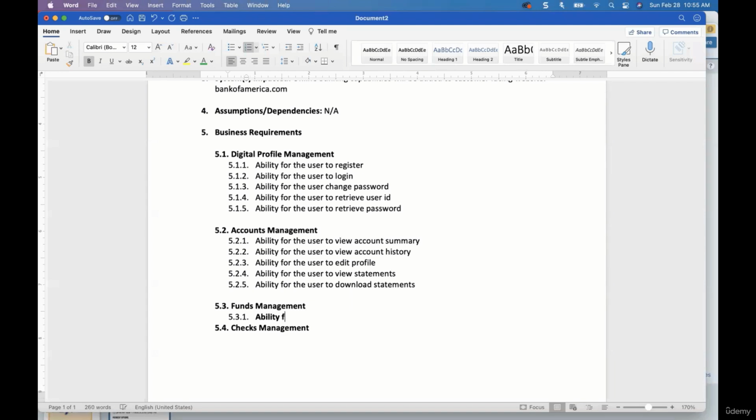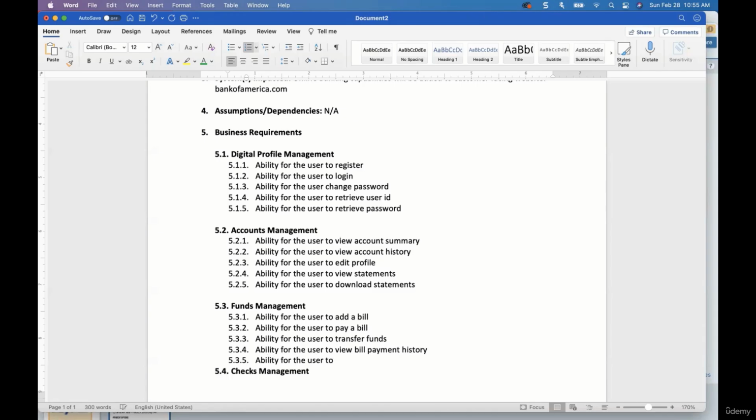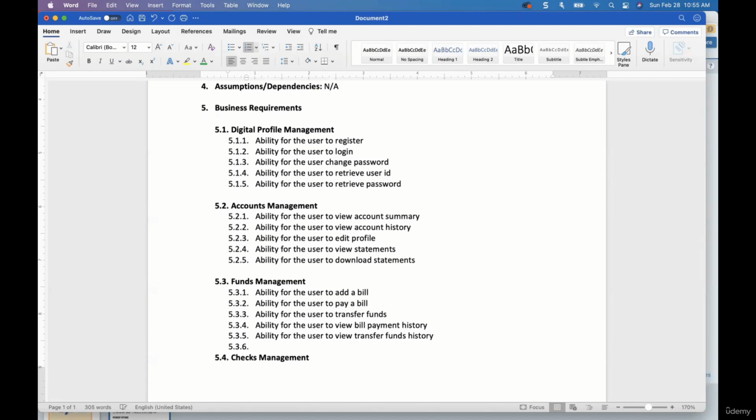So ability for the user to add a bill, ability for the user to pay a bill, ability for the user to transfer funds, ability for the user to view bill payment history, ability for the user to view transfer funds history. These are all my requirements for funds management.